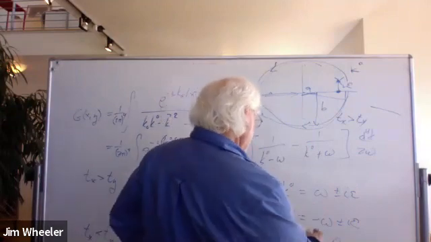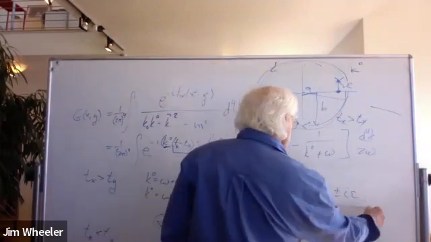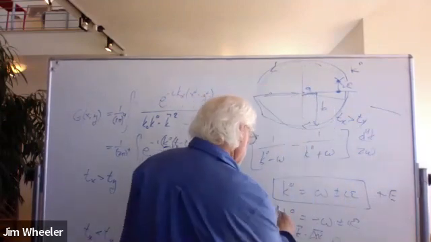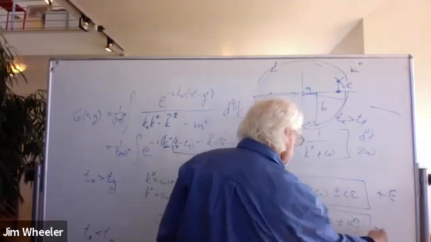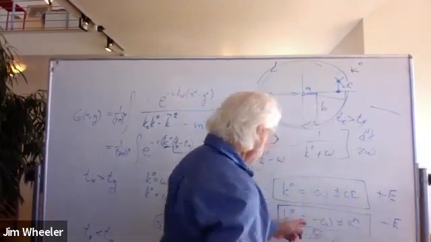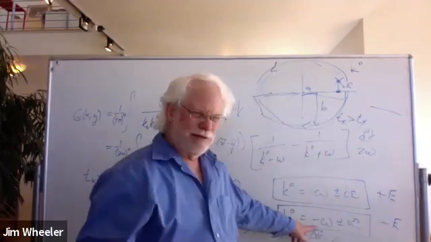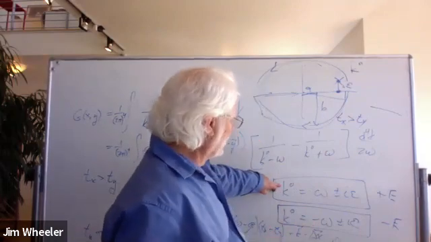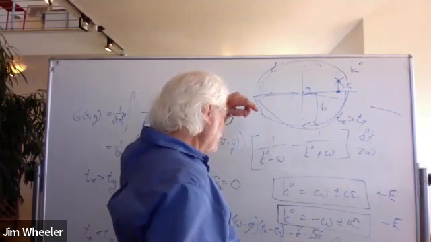But let's see, these solutions are positive energy solutions. These solutions are negative energy solutions. You know, k naught is basically the frequency, h bar omega is the energy. So these are negative energy solutions and those are positive energy solutions.